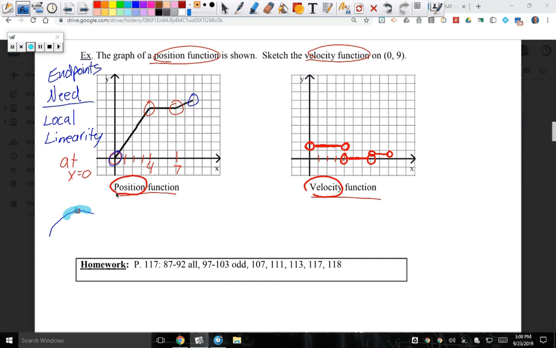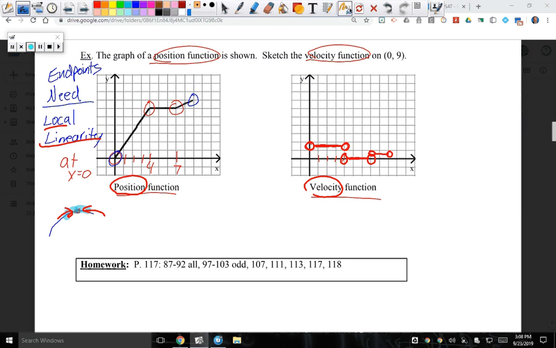And you have to put the open circles on the endpoints too. You do, because it's non-differentiable, because you need local linearity. You need both one-sidedness. So forevermore, at endpoints, the derivative is undefined. Does that make sense? Just like a derivative at a cusp is undefined.